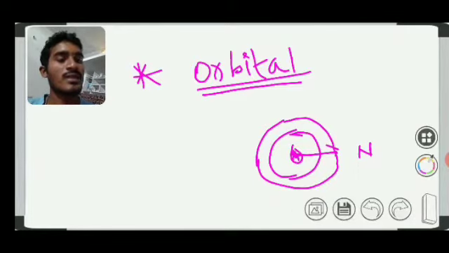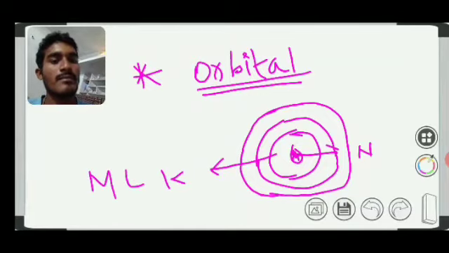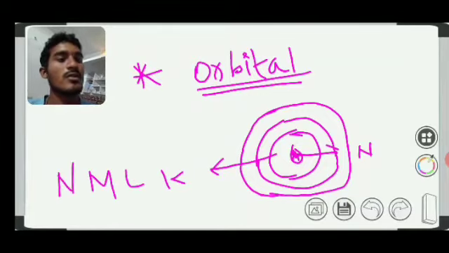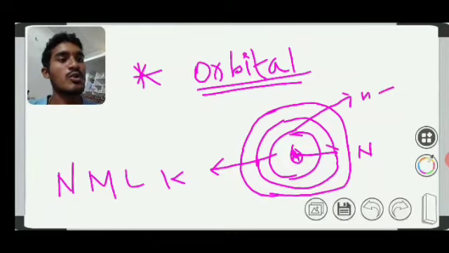That may be the K shell, L, M, and N. Here are some main energy levels. Here n is equal to 1, here n is equal to 2, and here n is equal to 3.